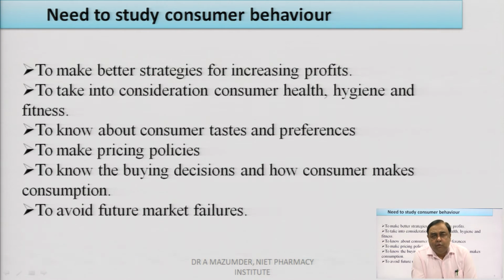The study of consumer behavior is very important to know about the taste and preference of the consumers. A study of consumer behavior is tremendously important whenever you are taking a pricing decision, whenever you are fixing a price. You should know how much your customers are in a position to pay.